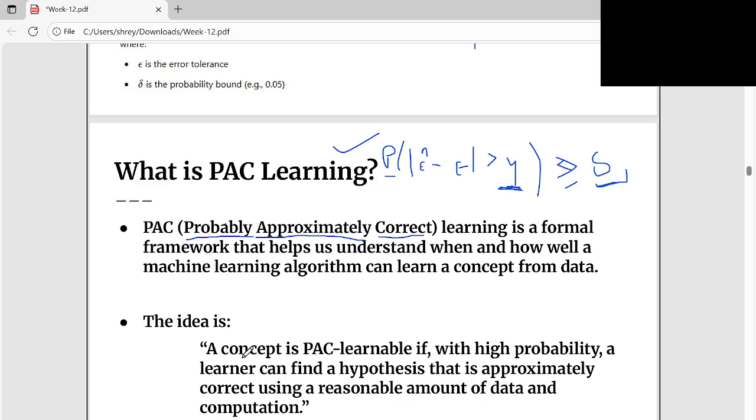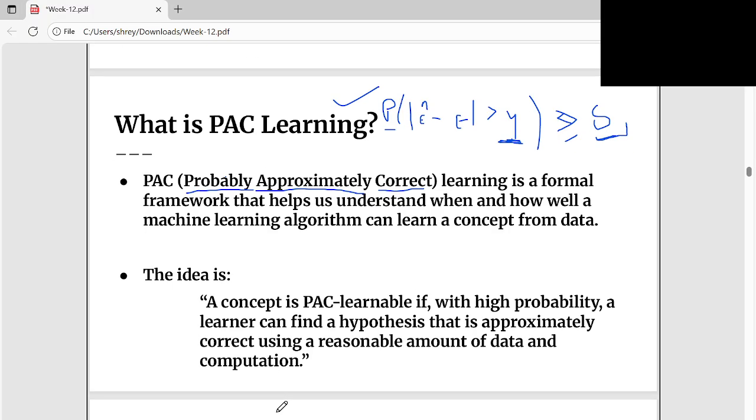So the idea is the concept of PAC learnable. We wanted to define whether the hypothesis is PAC learnable or not. The concept of PAC learnable is: with high probability, a learner can find a hypothesis that is approximately correct using a reasonable amount of data and computation. Just think about this.